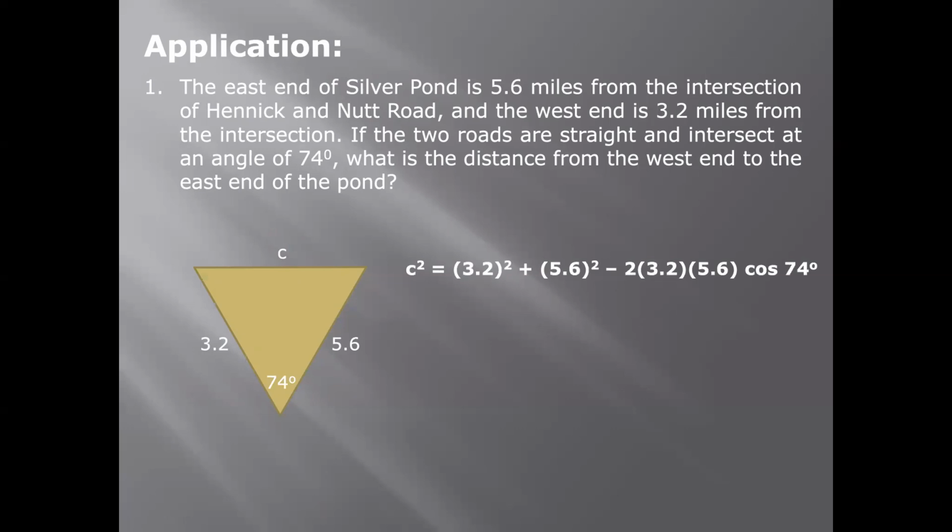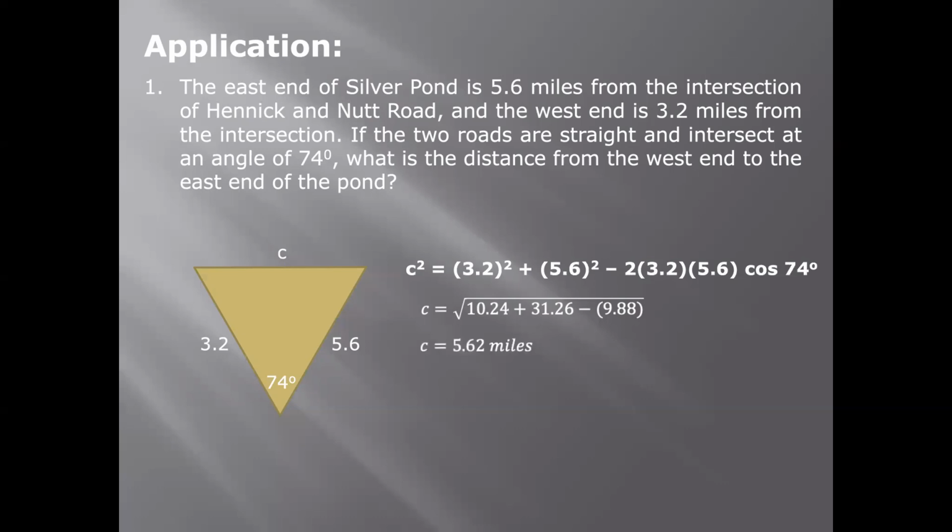So let us have c squared equals 3.2 squared plus 5.6 squared minus 2 times 3.2 times 5.6 cosine 74 degrees. Simplifying the formula and getting the square root, we will arrive at the square root of 10.4 plus 31.26 minus 9.8.